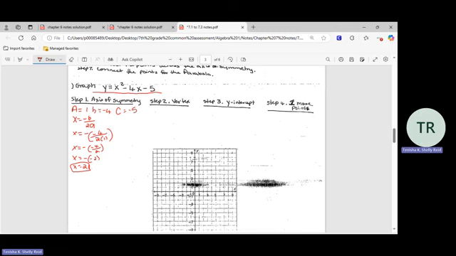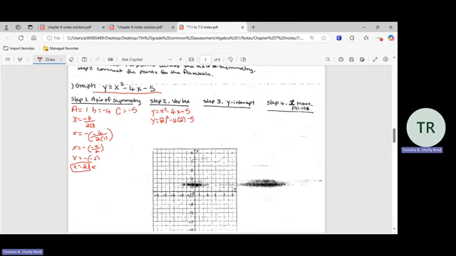Now that you know the axis of symmetry, let's find the vertex. To find the y, we are going to substitute the x. So we know that x is 2. We're going to substitute 2 in for x. So y is equal to x squared minus 4x minus 5. y is equal to 2 squared minus 4 times 2 minus 5.